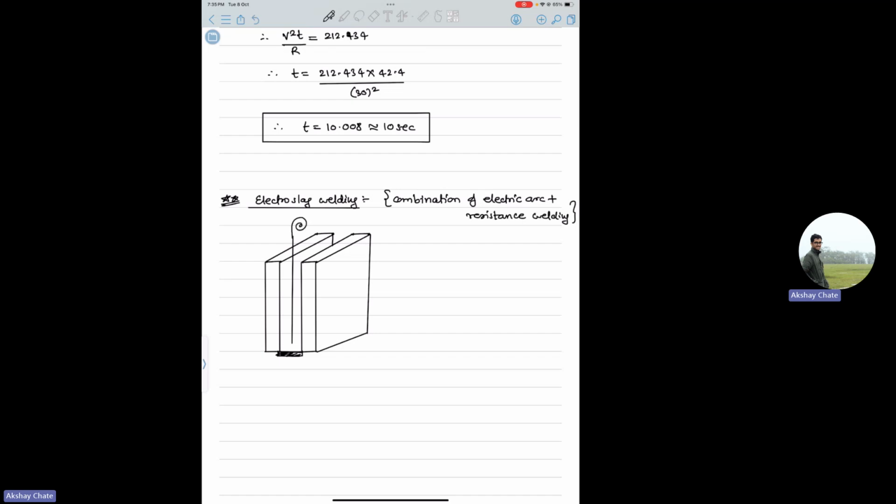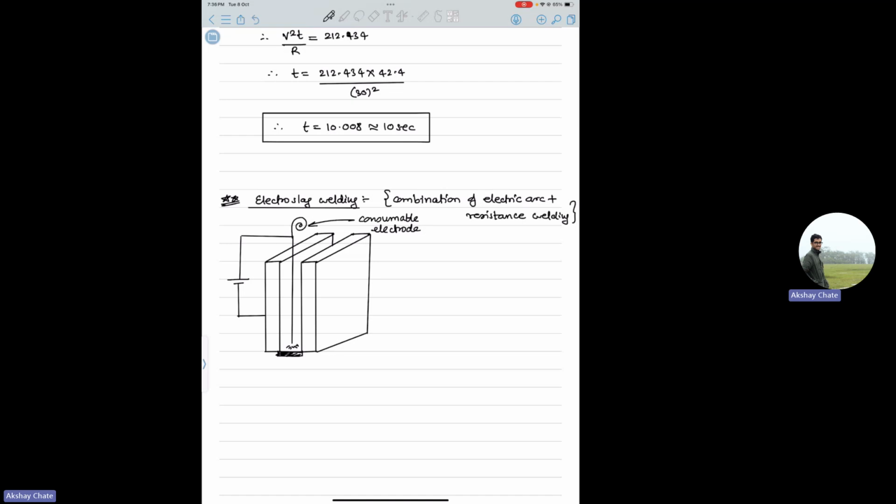Okay, so this is a consumable electrode, and you'll have arc welding at the start here, and therefore you need some power source, right? So you have a power source in between these. Okay, so this is the typical setup, and this is your consumable electrode.